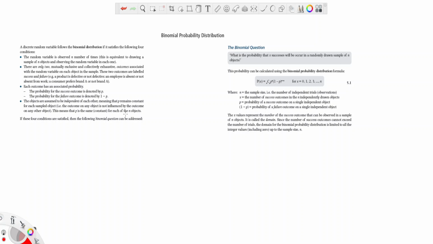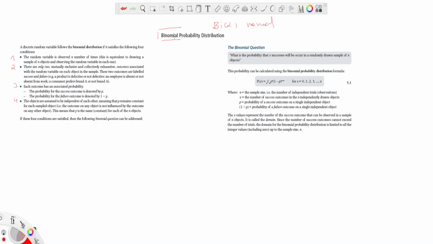For a probability to be considered binomial, it has to meet 4 specific criteria: 1, 2, 3, and 4. In fact, when we break the term binomial, you see that there's bi, which means 2, and nomial.